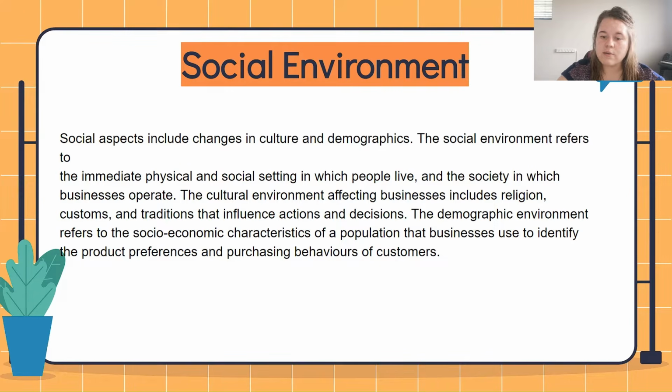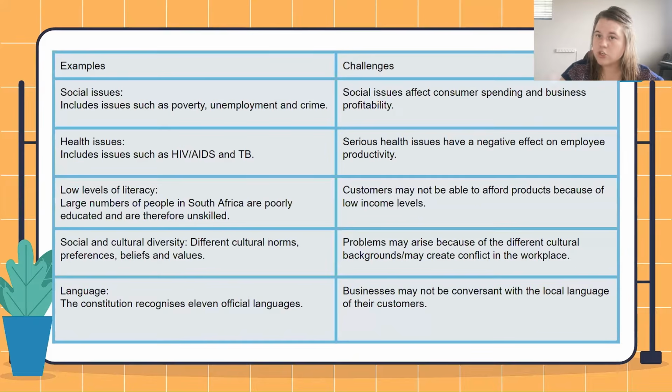The cultural environment affecting businesses includes religion, customs, traditions that influence actions and decisions. The demographic environment refers to the socio-economic characteristics of a population that businesses use to identify the product preference and purchasing behaviors of consumers. So let's look at some examples and challenges.